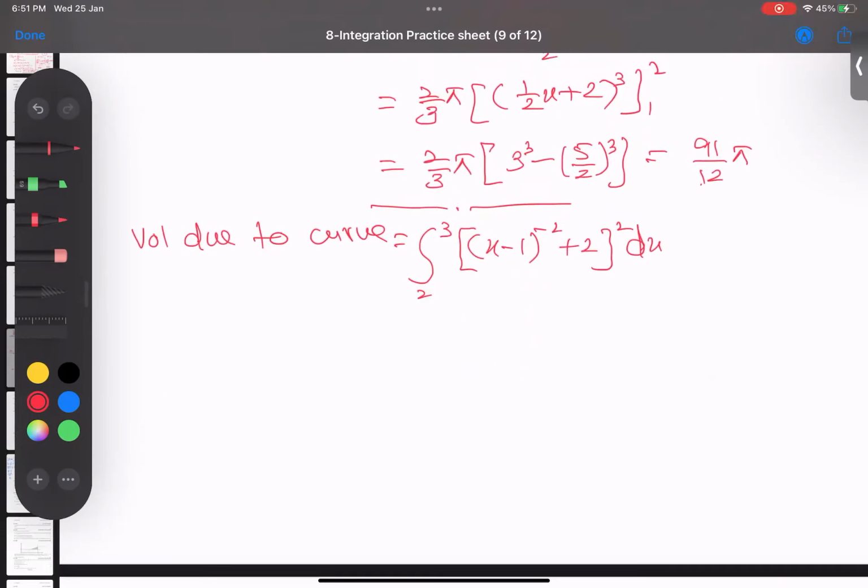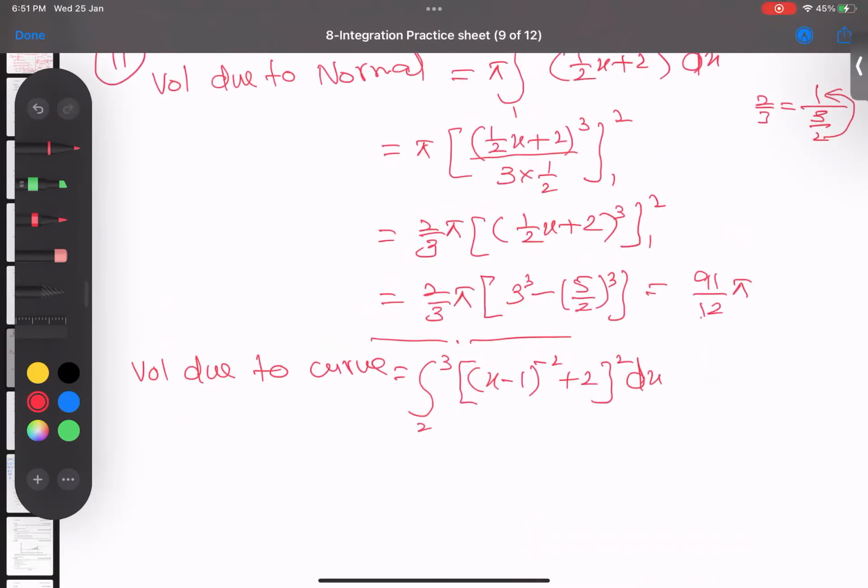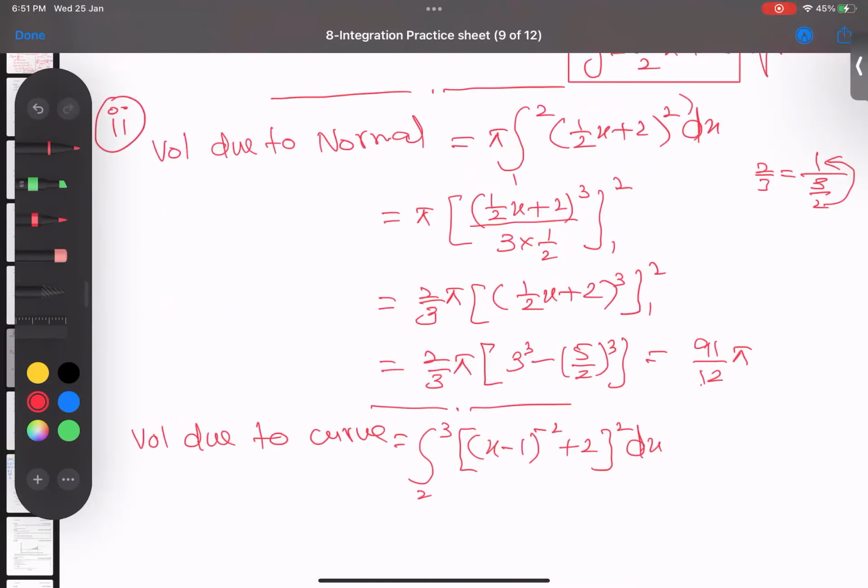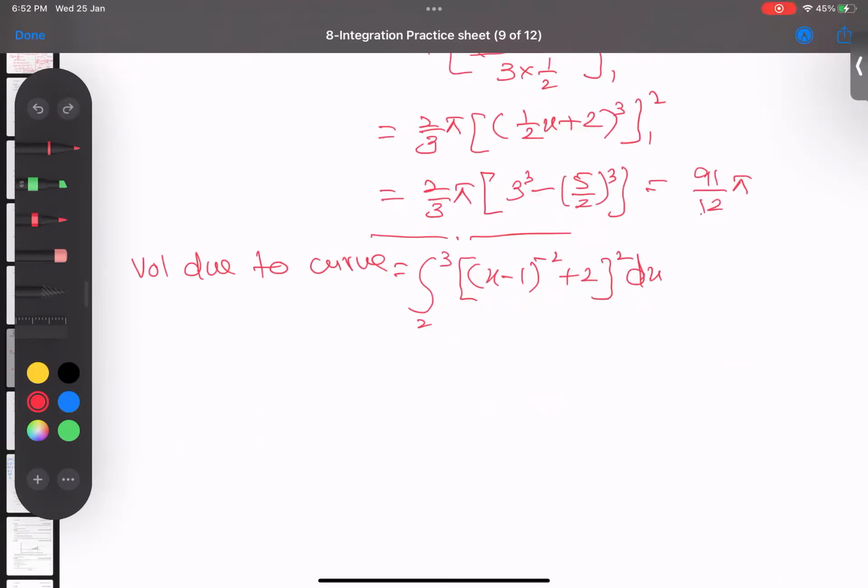According to the algebraic property, you can ask me one question: sir, why did you not expand here and why are you going to expand here? The reason is very clear. Under power 2, if the base is linear, meaning the power of x is 1, we will never expand. But under this bracket, we do not have power 1, we have power minus 2, so it is compulsory to expand. It is a must, we have to expand.